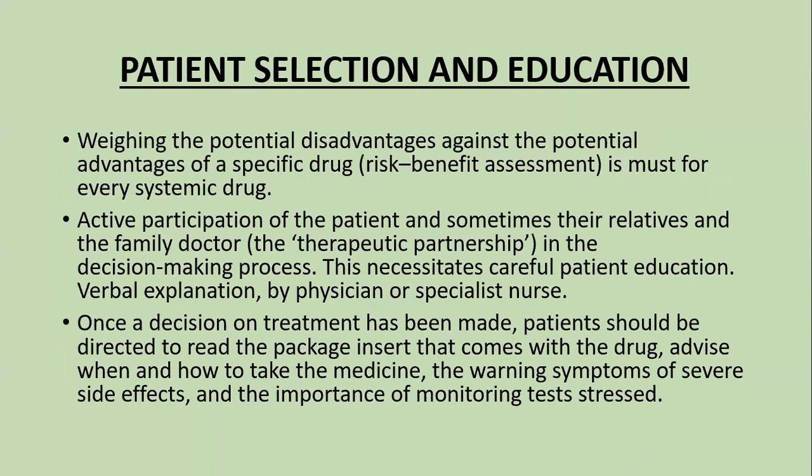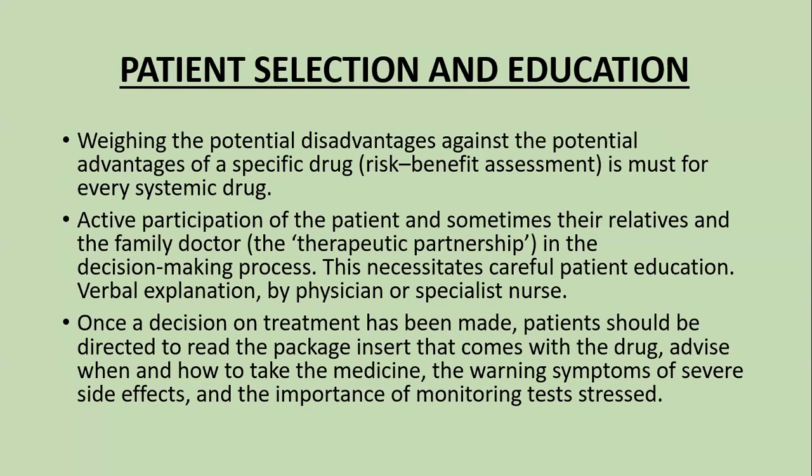Then patient selection and education. Weighing the potential disadvantages against the potential advantages of a specific drug, that is the risk-benefit assessment, is a must for every systemic drug. Active participation of patient and sometimes their relatives and family doctors, this is called the therapeutic partnership, should always be encouraged in the decision-making process.